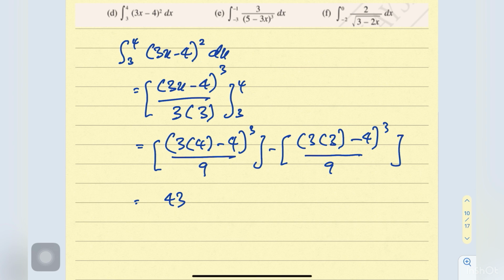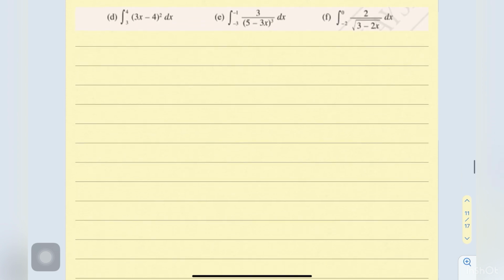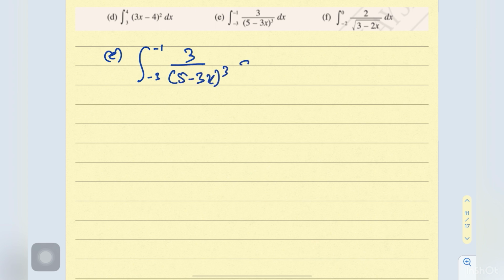Okay, so for the next question, question E. The upper limit is 1, the lower limit is negative 3. So here we have 3 over 5 minus 3x cubed dx.